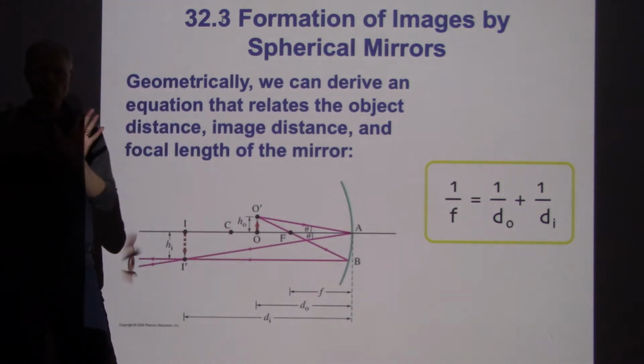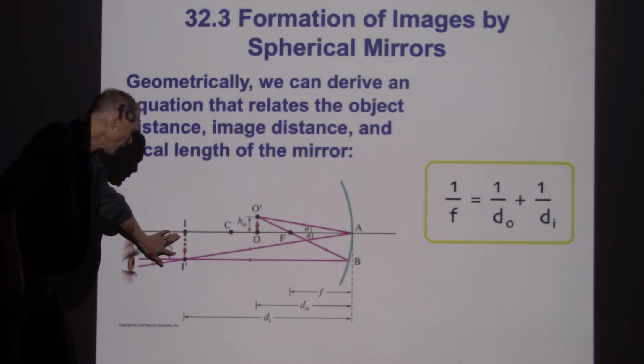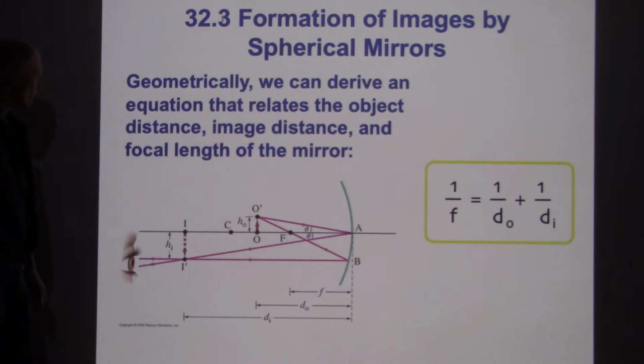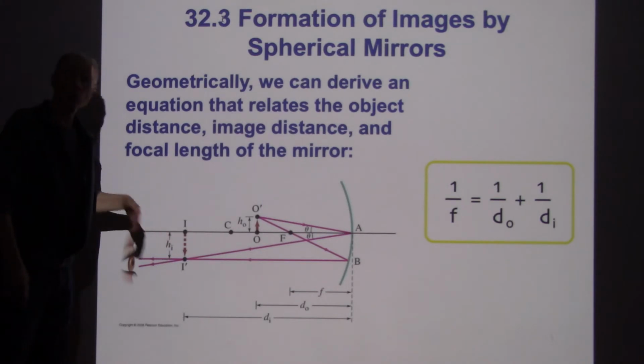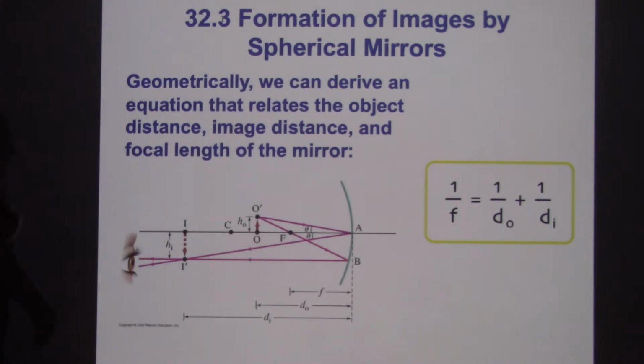Notice how that's measured perpendicular to the mirror axis. And so we sometimes refer to that as lateral magnification. And the HI is also measured perpendicular to the axis. So in this case, we have a magnification greater than 1. We can see that the image height is greater than the object height.